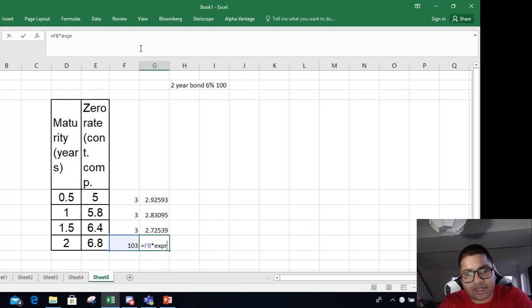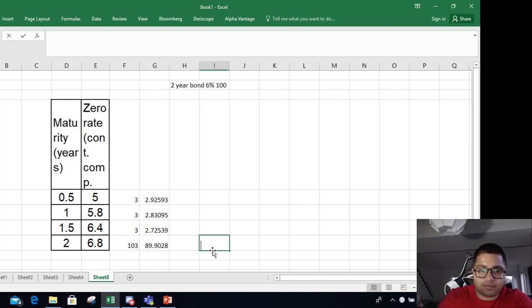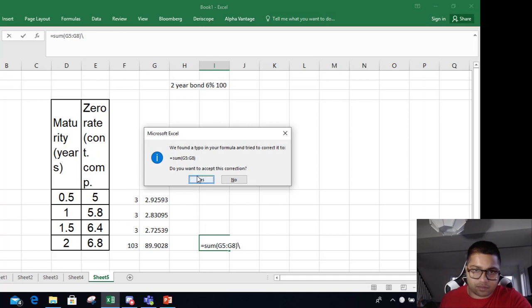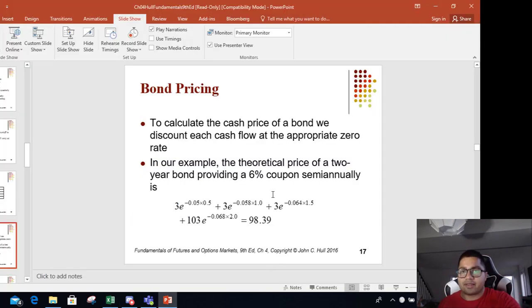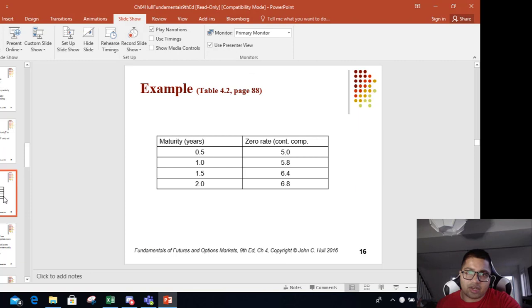You're going to discount it using 6.8% return. We always multiply it by n, but we are going to use minus n because we are discounting. And if you add everything up, it will be 98.38 or 39. So this is how you price a bond using zero rates. So each time frame you discount by a different rate and you use continuous compounding.